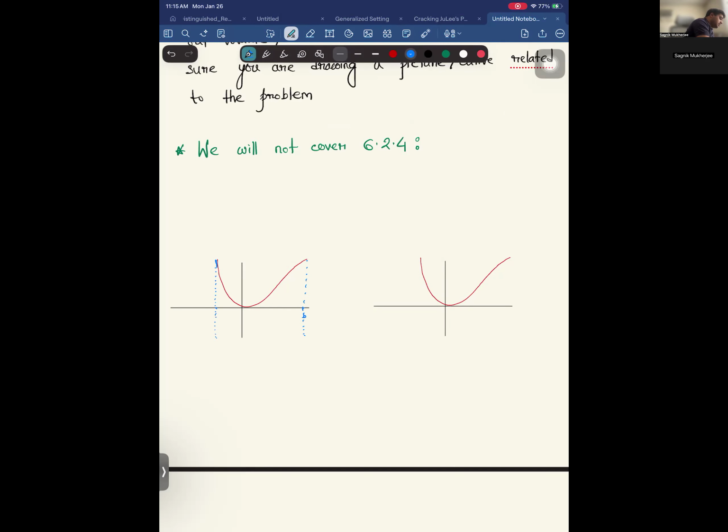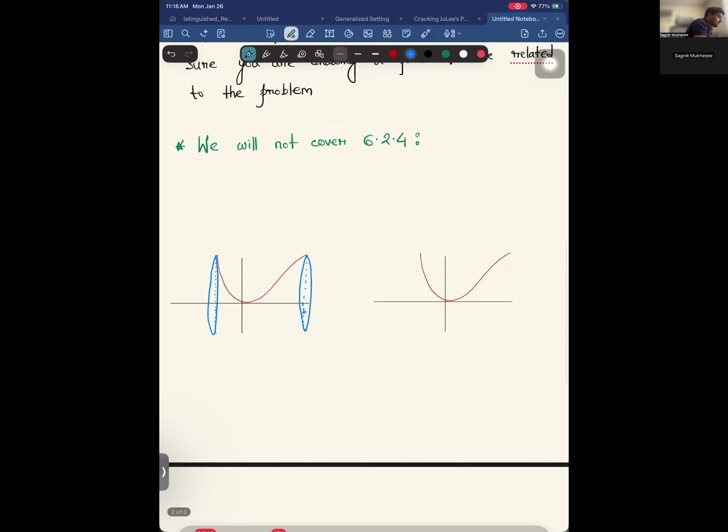I shall get a circular kind of thing, kind of like a cylinder. It is not up to scale, of course, but you kind of reflect the function across the x-axis and you get a conical section. And you get an object.